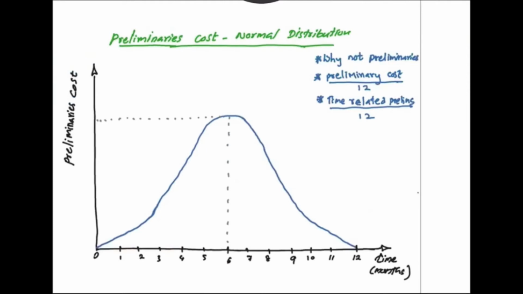Then if we take the normal distribution of that cash flow, it takes the shape of a bell. And if we take the preliminaries, the time-related preliminaries, it also takes the same shape.